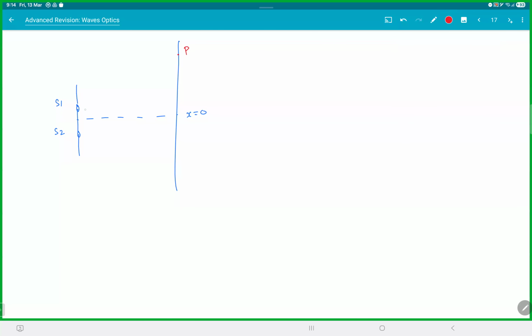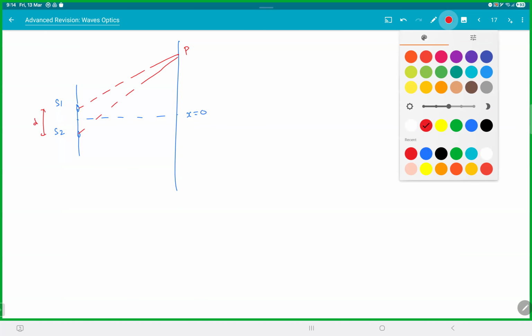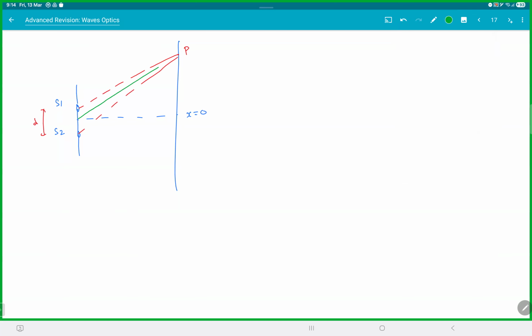If you take a point P, if this distance was D, and if the central angle is theta, right? So this is capital D. So we get the path difference delta x is equal to d sine theta. This was done under the assumption that d is much, much less than capital D, right? And let this distance be x.